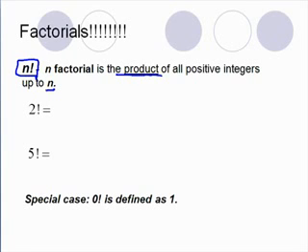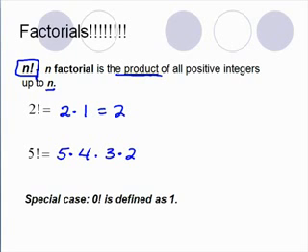So in this case, 2 factorial is going to be 2 times 1, which is just 2. 5 factorial is going to be 5 times 4 times 3 times 2 times 1, and that gives me 20 times 6, which is 120.